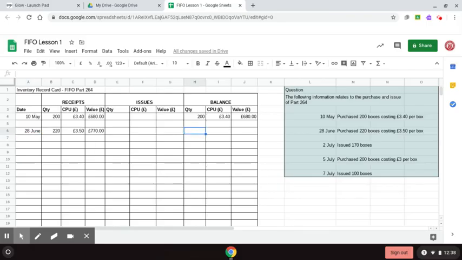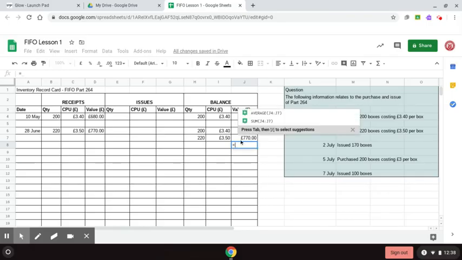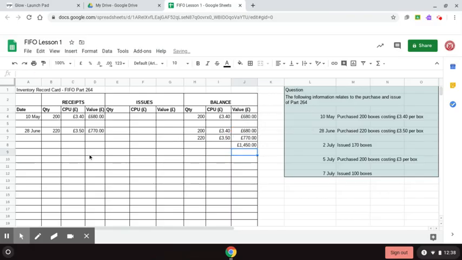So in our balance, we'll write our initial purchase was the 200 at £3.40, and also we'll fill in the 220 at £3.50 at 770. So in this totals column, you'd add them together, that plus that, give you 1450.